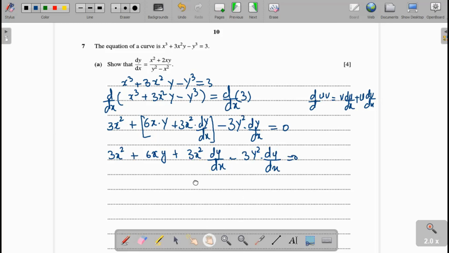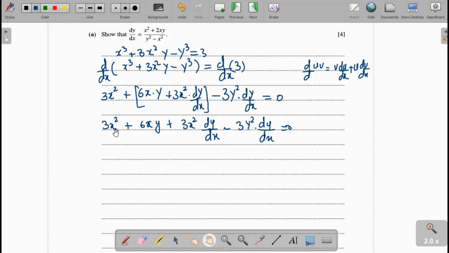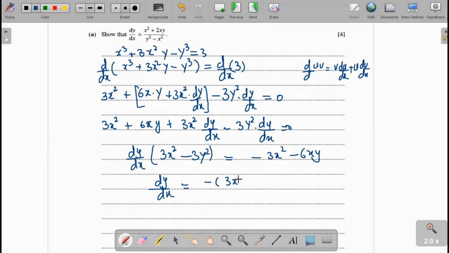Now we collect terms: 3x squared plus 6xy on one side, and we get x squared plus 2xy equals 3y squared minus 3x squared.